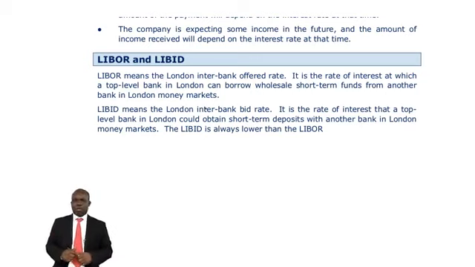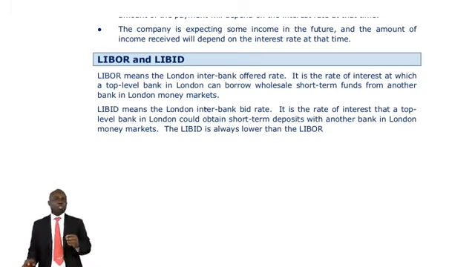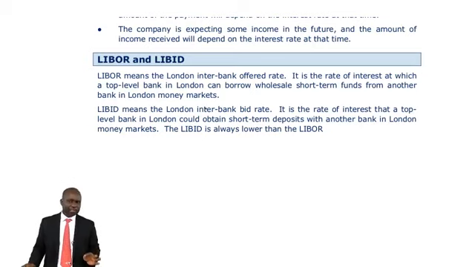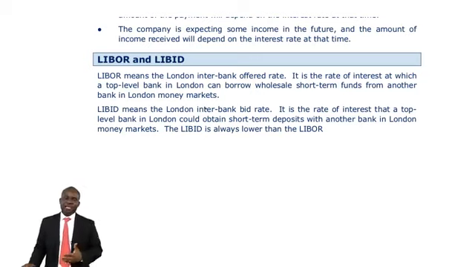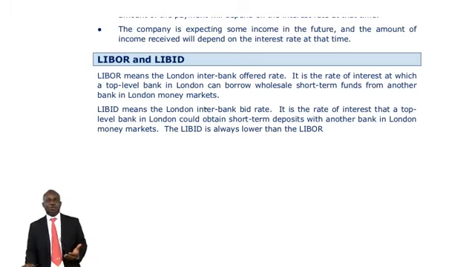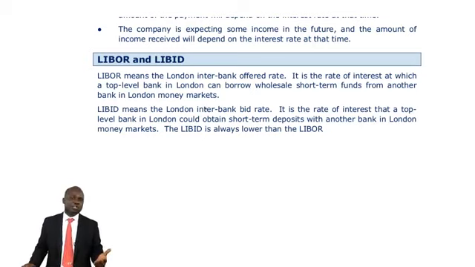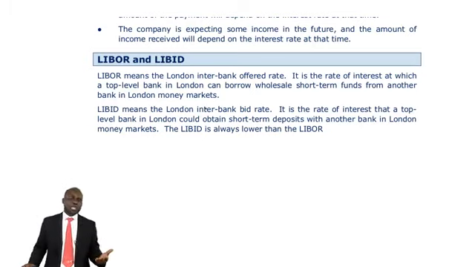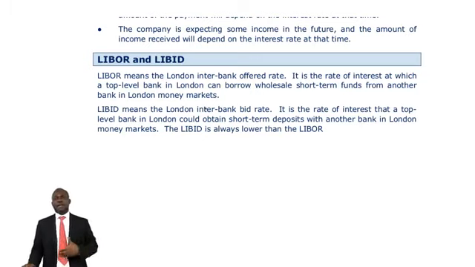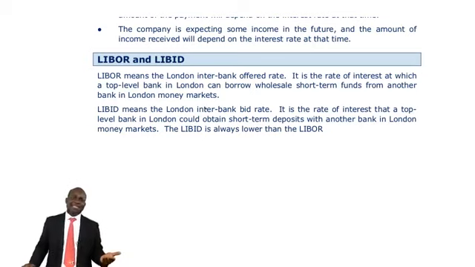One way we can calculate the cost of debt of a company is by going through this. Some time back, we did the calculation of cost of debt, and we said cost of debt can be calculated using internal rate of return if the traded debt is redeemable, or we can use the net interest divided by the P0 multiplied by 100% if the traded debt is irredeemable.